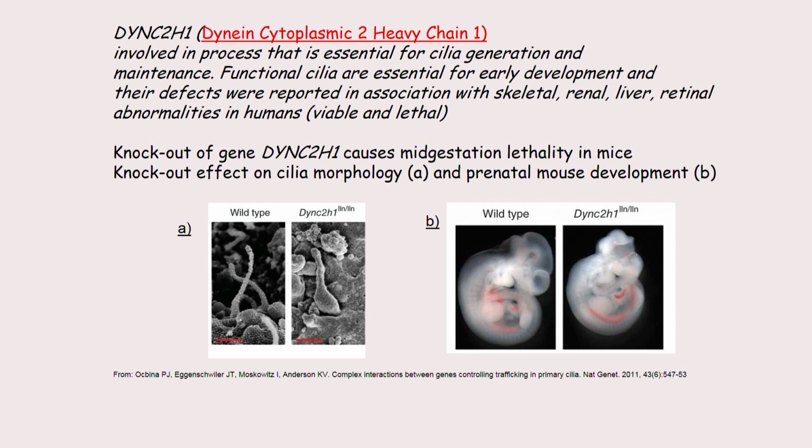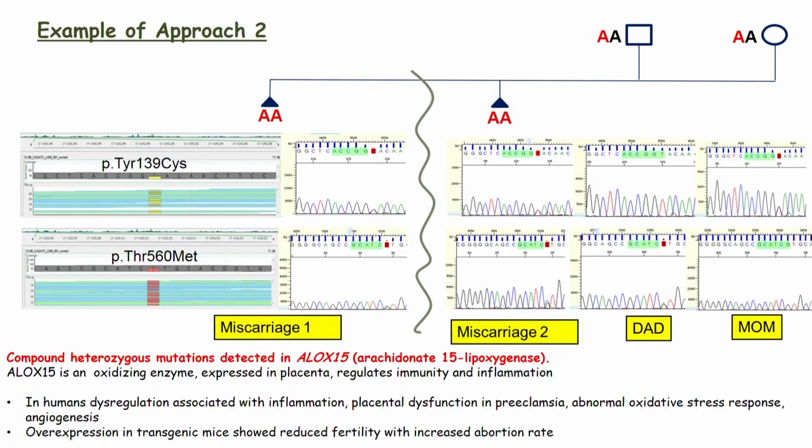And in the mouse, the knockout of this gene causes mid-gestation lethality, and also very abnormal cilia morphology. So this is from the paper where they used the knockout of the gene with cilia not developing normally and the mouse embryo not developing normally. So a plausible candidate for recurrent pregnancy loss in this family.